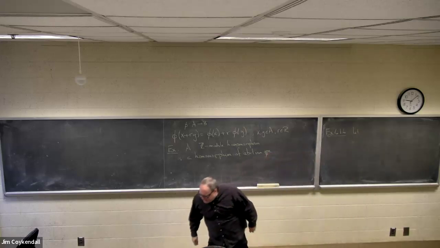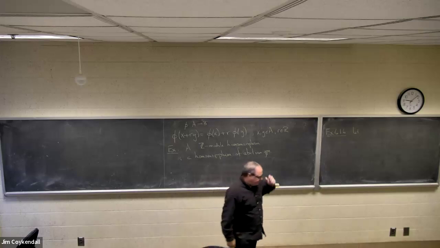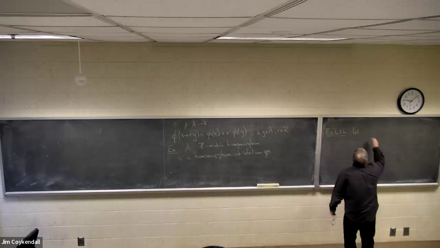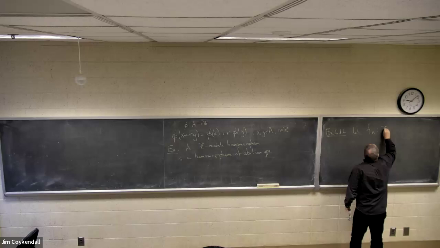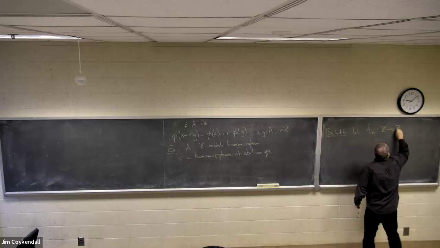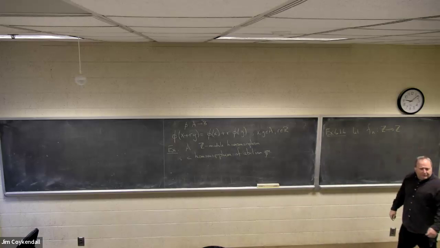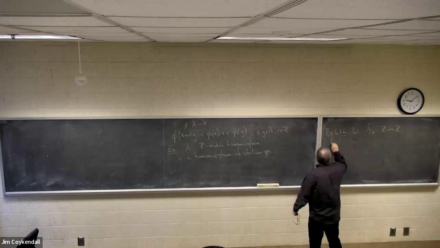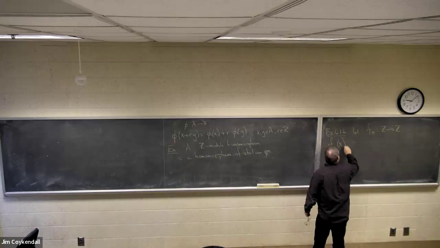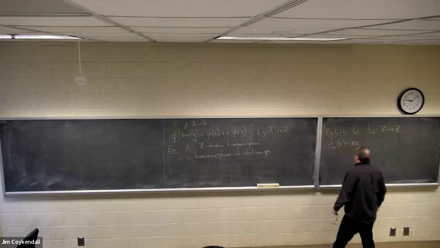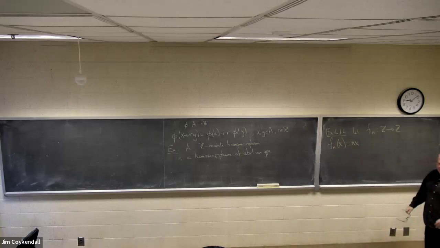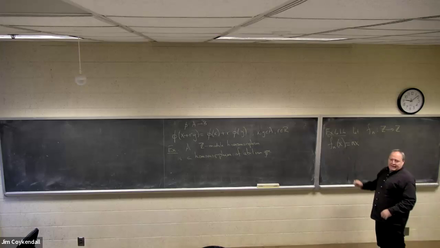Let's let f_n from Z to Z be the following function. So this is basically, you've got a fixed n and you scale everything by n.